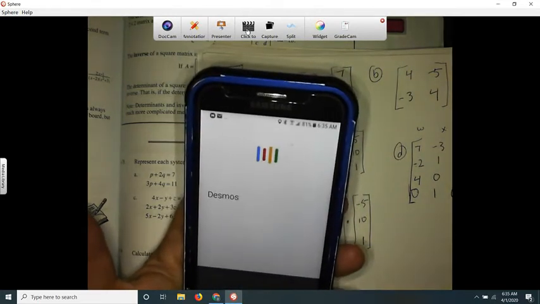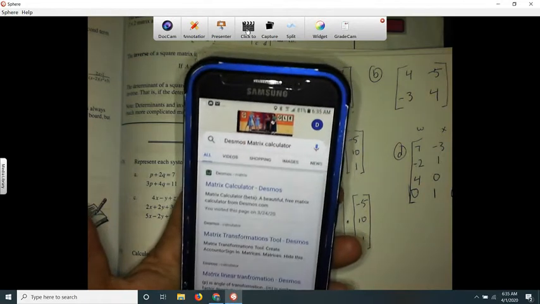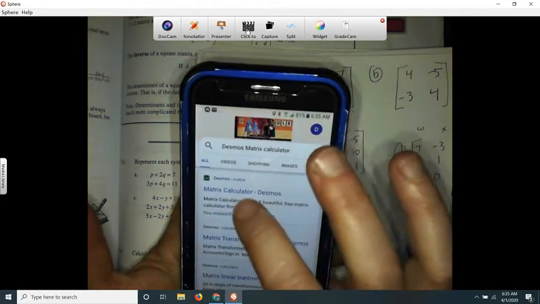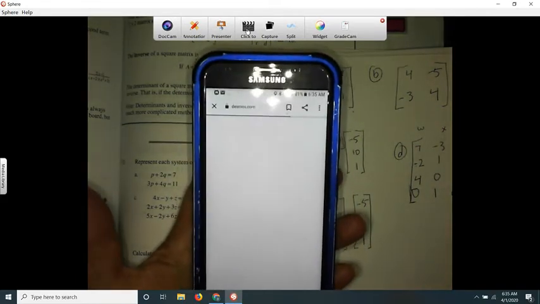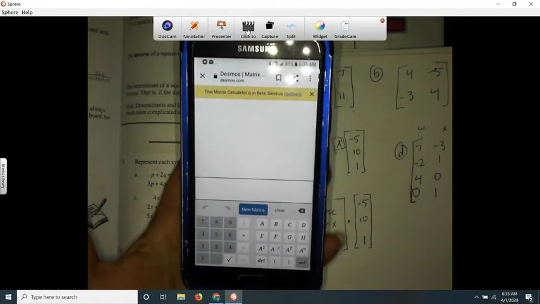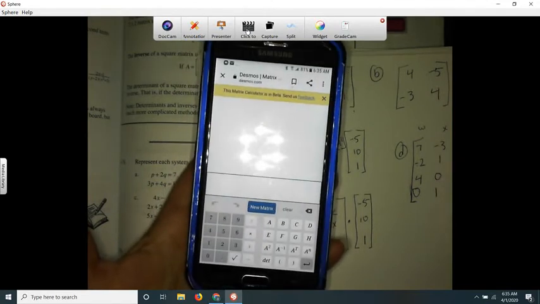Desmos matrix calculator. There we go. I don't know how else to get it because it's beta, which means when I go on the regular Desmos site, it doesn't show up for me. But it works great.